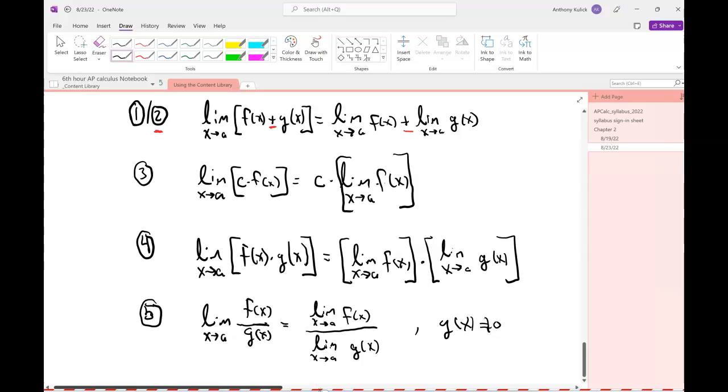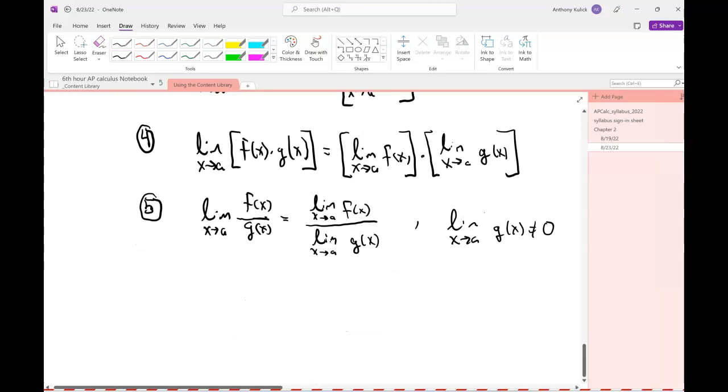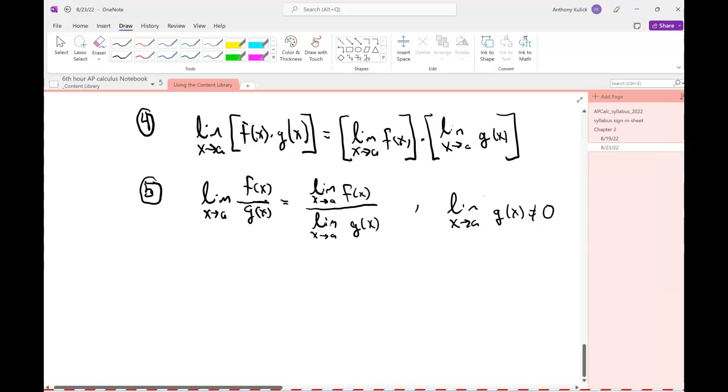Oh, I shouldn't say that. I should say the limit of g of x is non-zero. Again, that shouldn't be surprising, right?